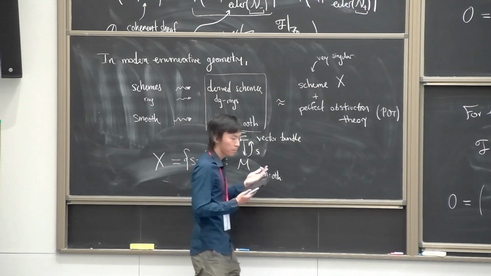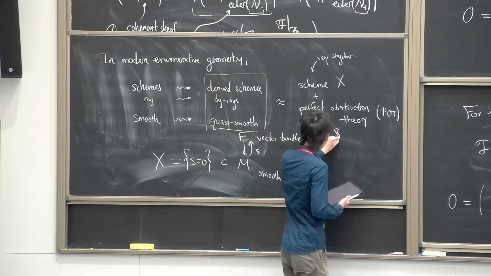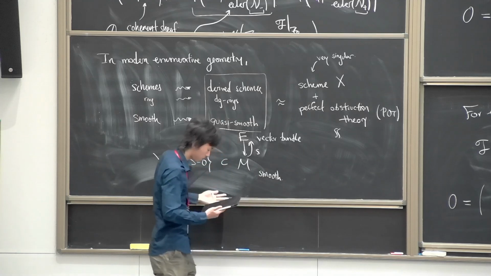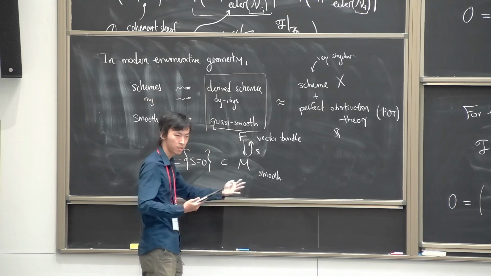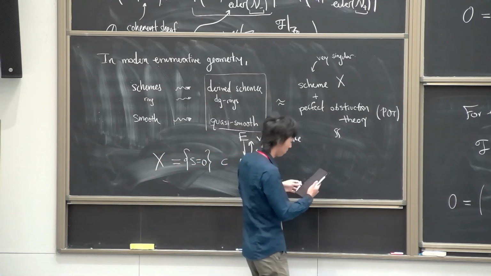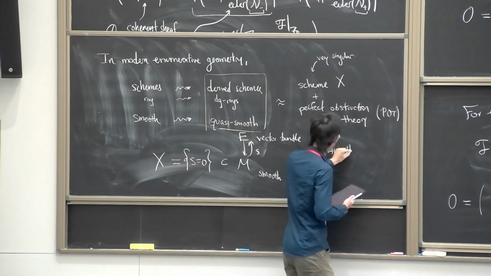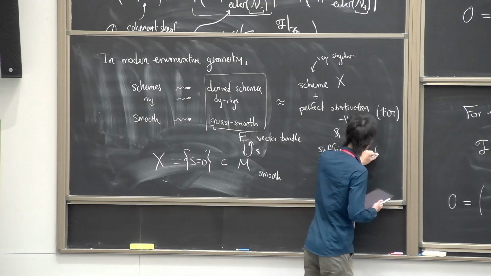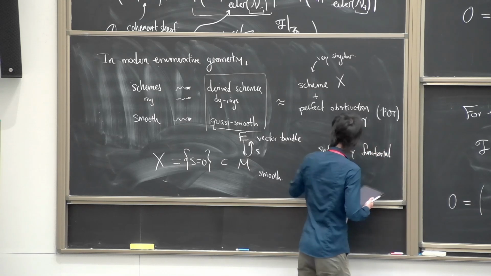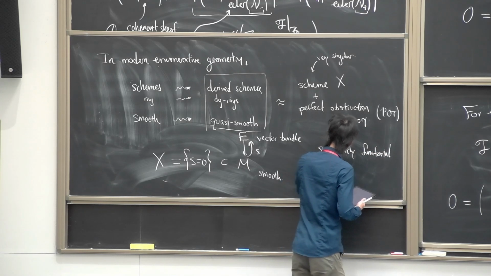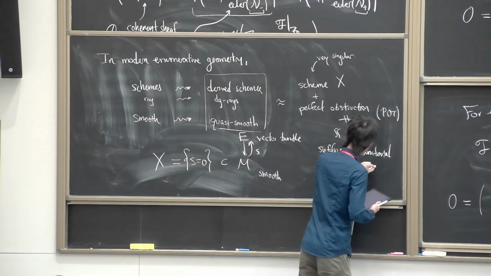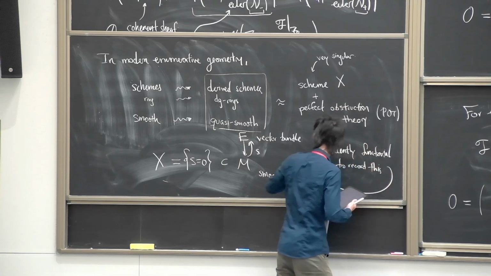And a perfect obstruction theory is some way to carry this kind of local presentation of your space around in a sufficiently functorial way, some sufficiently functorial way to record this kind of local data.